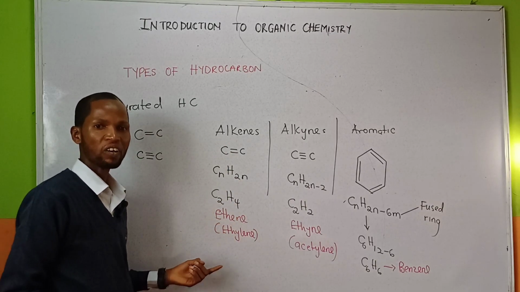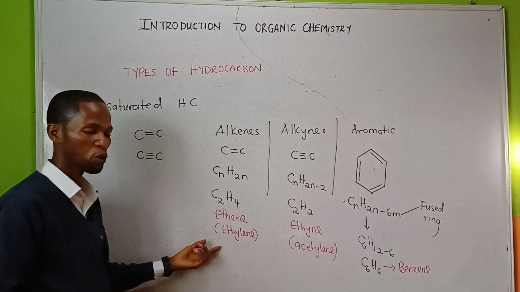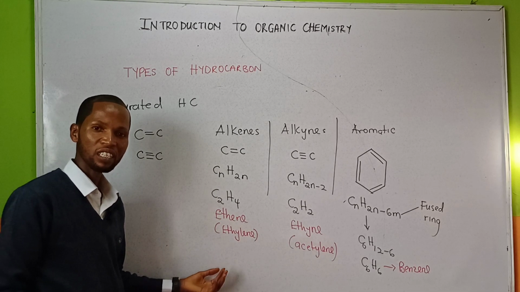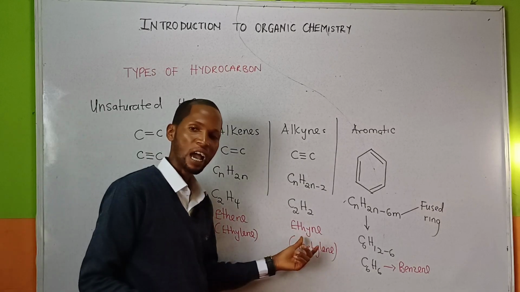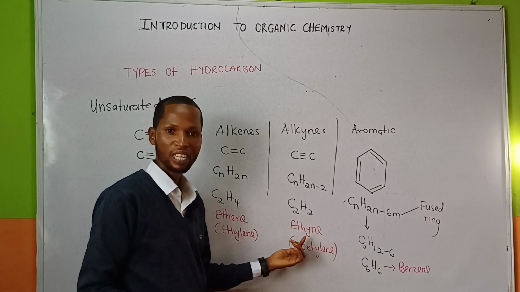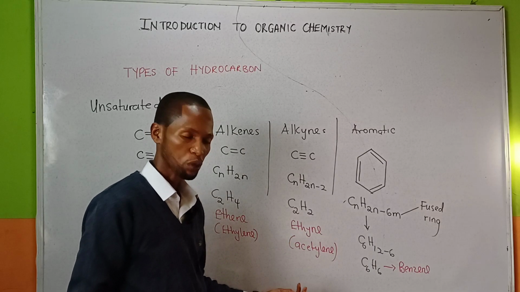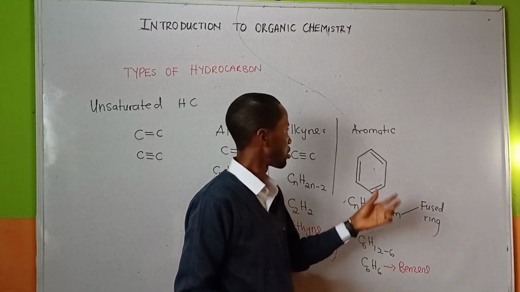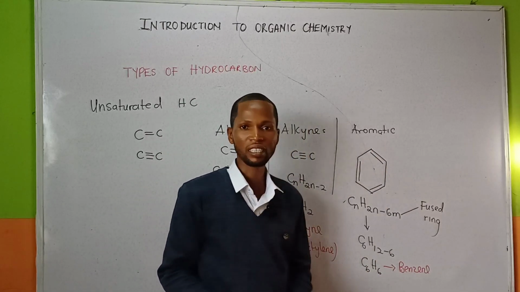We can see that the first member of the alkene series is ethene. Then what will be the second member of the alkene series? That's right, propene. The third member will be butene. For the alkyne series, the first member is what? Ethyne. The second member is propyne. The simplest aromatic compound is benzene.